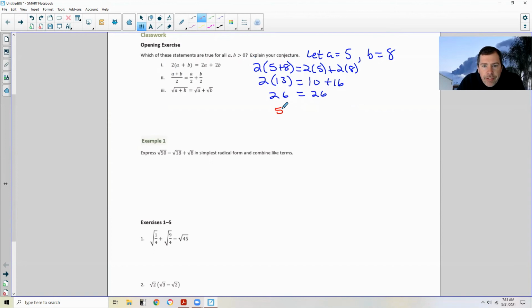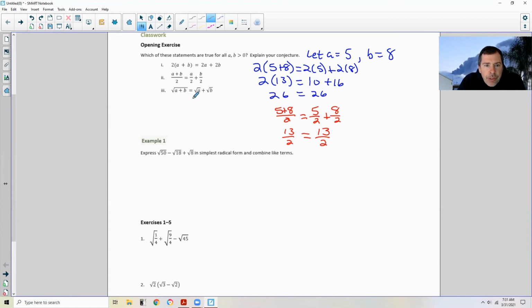So it'd be 5 plus 8 divided by 2 has to equal 5 over 2 plus 8 over 2. Well, 5 plus 8 is 13 over 2, and whenever the denominators are the same, you just add the numerators and keep the denominator. So 5 plus 8 is 13, and then 2. So this is also true. 13 halves is 6.5.